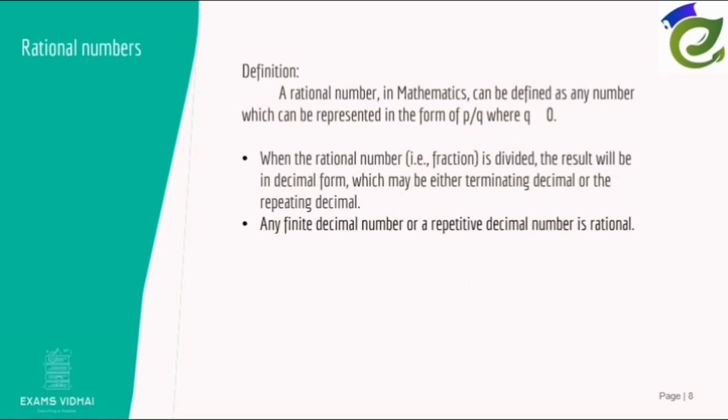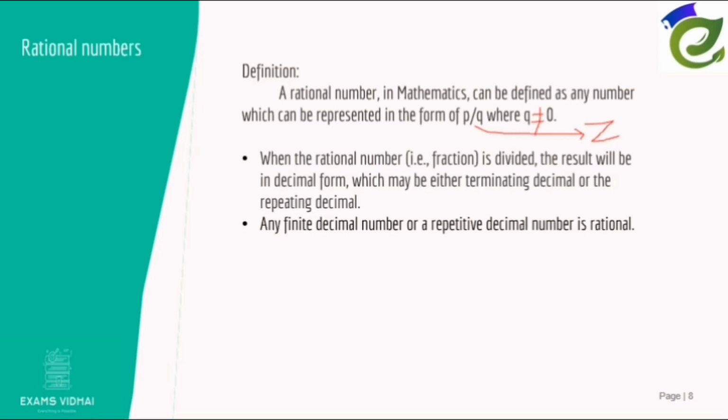Let us quickly jump into the formal definition of rational numbers. We have so far seen natural numbers, whole numbers, and integers. So let me define what a rational number is. According to the formal definition, a rational number in mathematics can be defined as any number which can be represented in the form p by q, where p and q are integers, they can be any integers, and q should not be equal to 0.